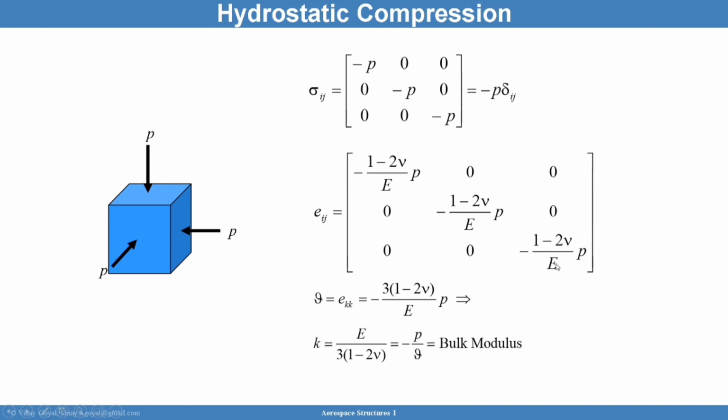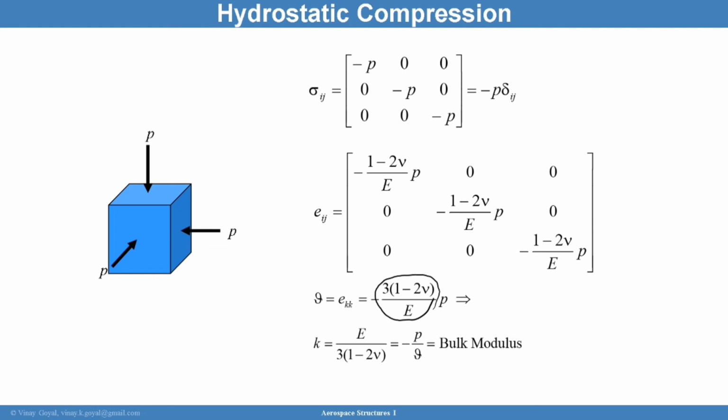But I want you to notice how the volume change, as we talked about earlier, is the summation of the diagonal terms. And so the volume change is 3 times (1 minus 2 nu) divided by E times the pressure load applied. That's what you see there. And we can determine the measure of volume change by calculating something called the bulk modulus, which is the inverse of this coefficient.